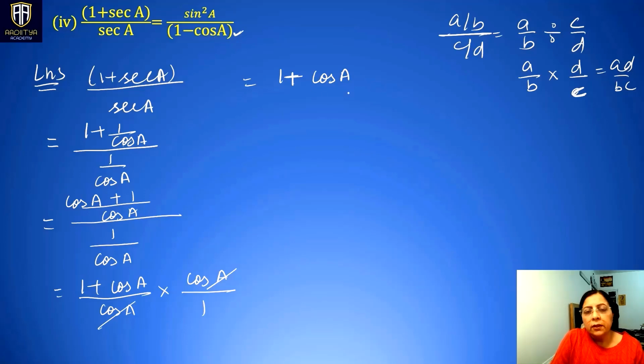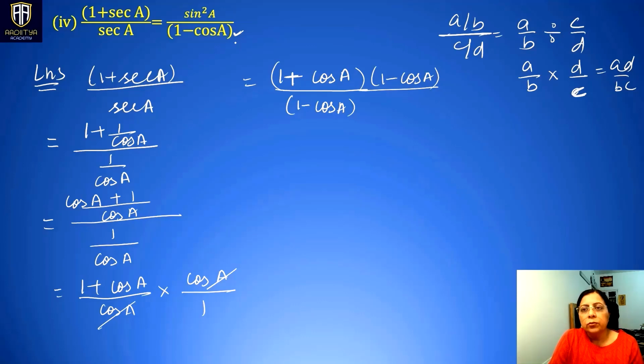So if there is nothing in the denominator, we can introduce that 1 minus cos A, and to balance it, I am multiplying the numerator by 1 minus cos A. You have to learn this. Whatever is required, you have to modify your expression to reach that point. This is (1 plus cos A)(1 minus cos A); (A plus B)(A minus B) is A square minus B square.